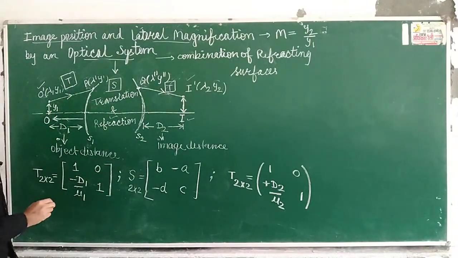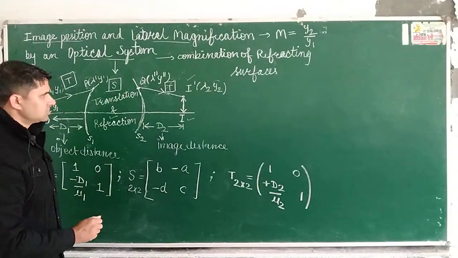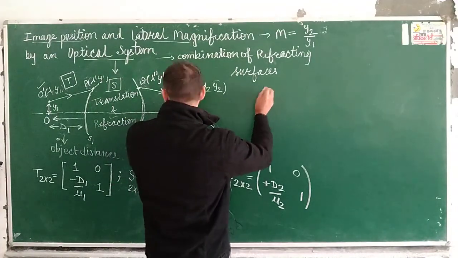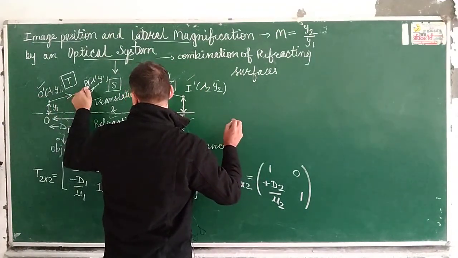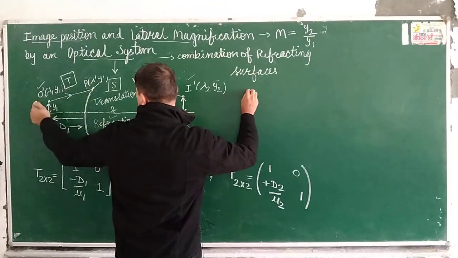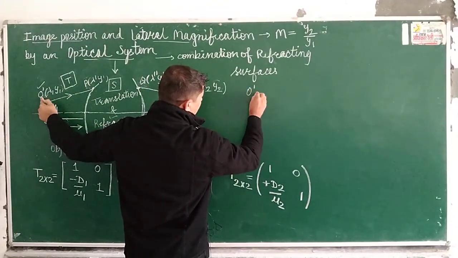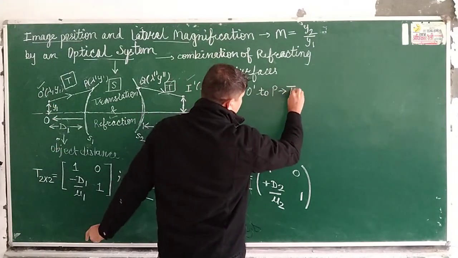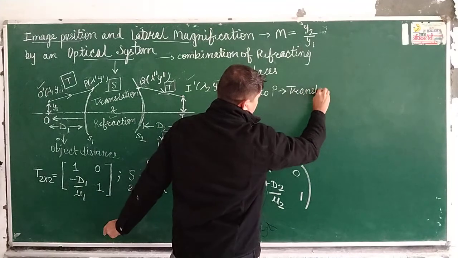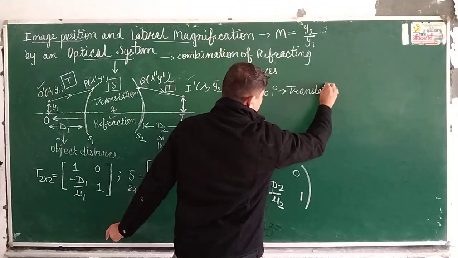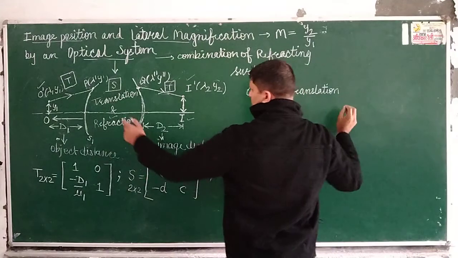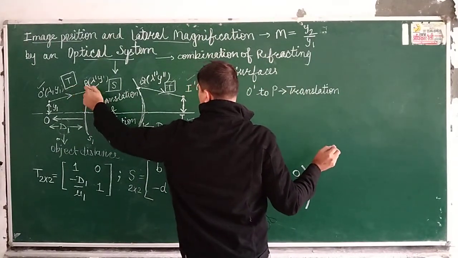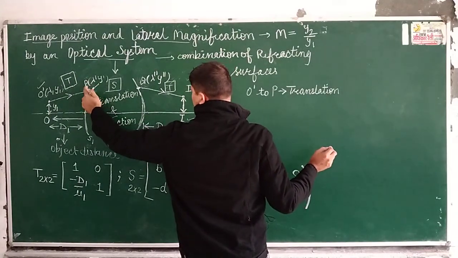If we write the optical coordinates in matrix form, let us start from here. The coordinates of point P and O dash: I am writing here O dash to P, there is translation. So we will write a 2 cross 2 translation matrix which will connect the optical coordinates of point P and point O dash.